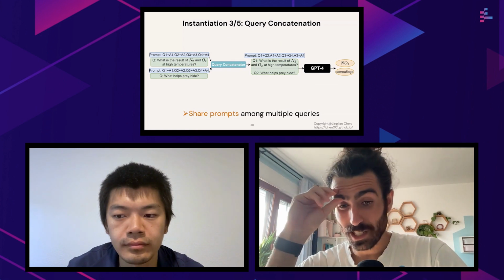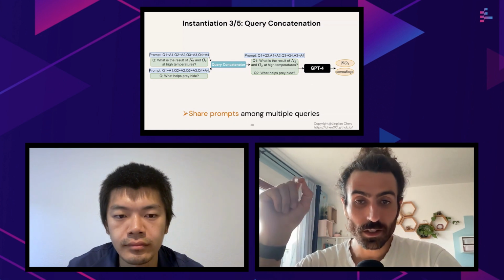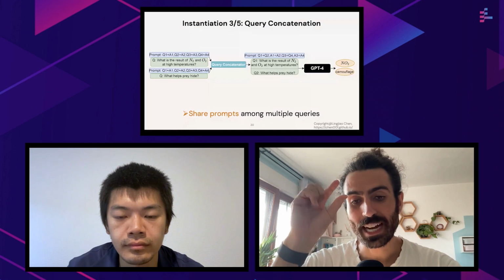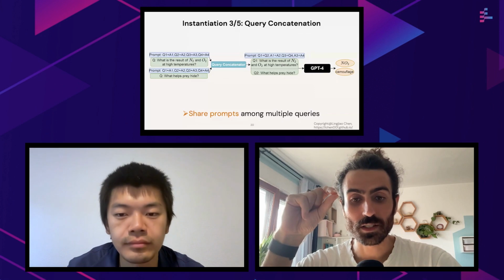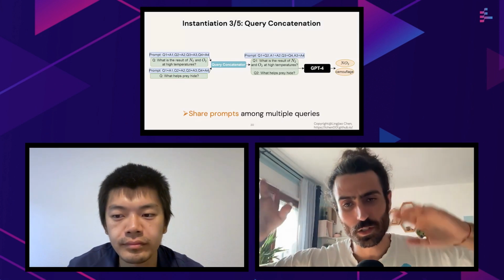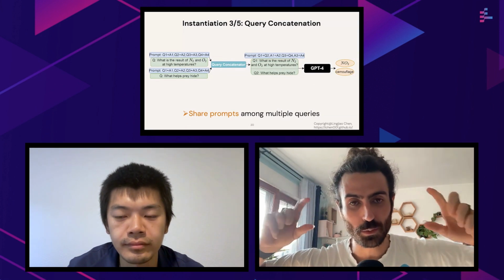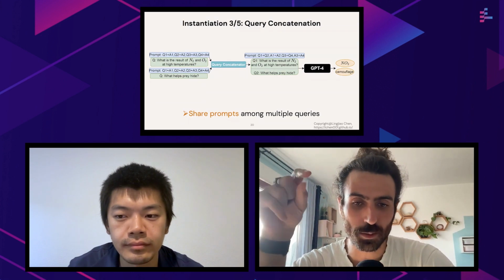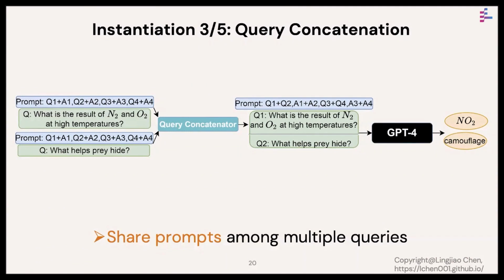We don't even need to do two different prompts, because we can just smash these two questions together and ask the large language model at the same time. All right, and say, well, here's question one, here's question two. And actually what I see in this slide is even better, and I didn't even recognize this yesterday, but you have question one and question two together, and then you have answer one and answer two.